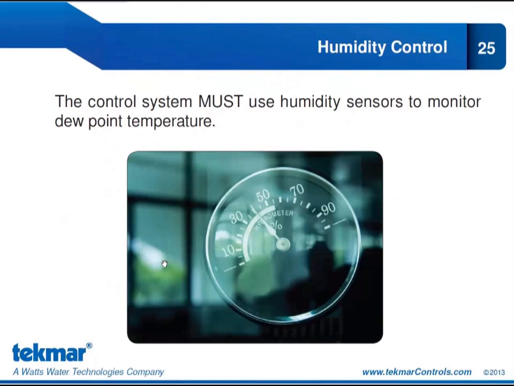So a control solution must include relative humidity measurement. If we don't measure it, we can't control it, and you will have dissatisfied customers, and certainly without relative humidity control, condensation will be an issue.